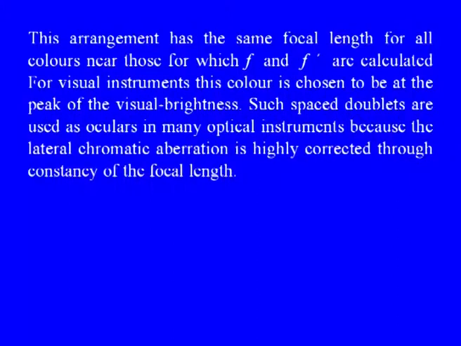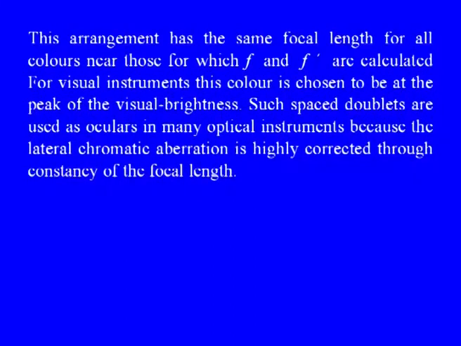This arrangement has the same focal length for all colors near those for which f and f prime are calculated. For visual instruments, this color is chosen to be at the peak of their visual brightness.